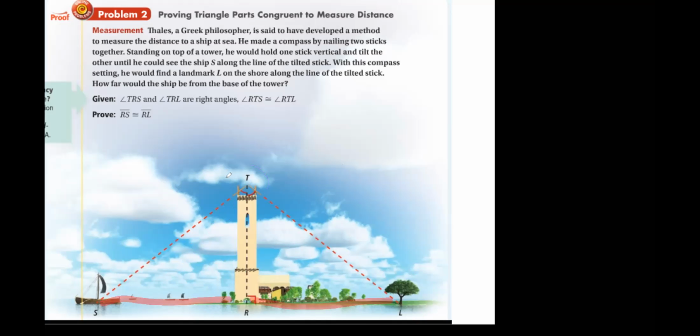And from the definition of congruent, we conclude that the distance from the center R to S is equal to the distance from R to L. Let's now do this question here.